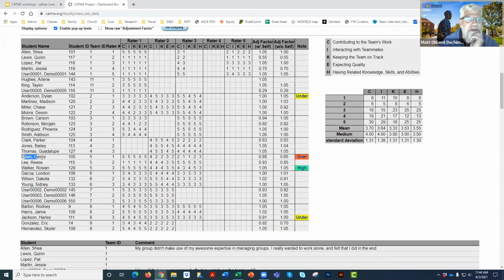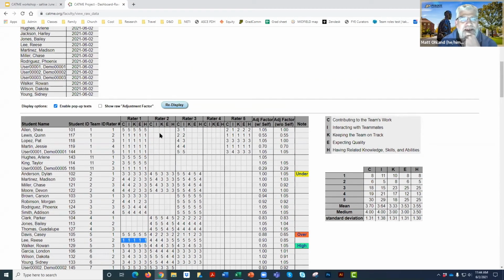So Casey has been identified as overconfident, and probably overbearing or domineering might be the correct designation there. And in fact, the ratings here would indicate that Casey says that Casey is fantastic, that Rowan is fantastic, but Reese is a total dud, which is a big disagreement with everyone else. And only because Casey was overconfident, it didn't flag the conflict with Reese. That's interesting.